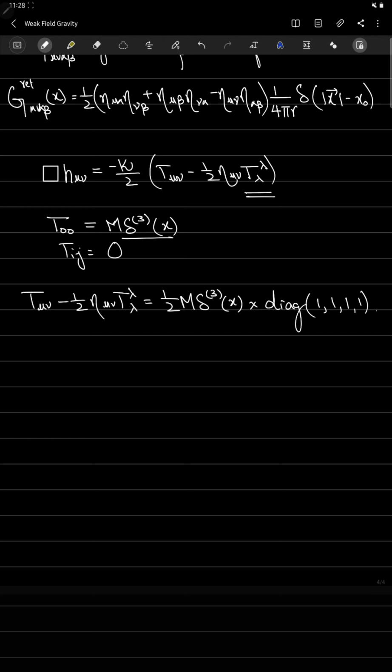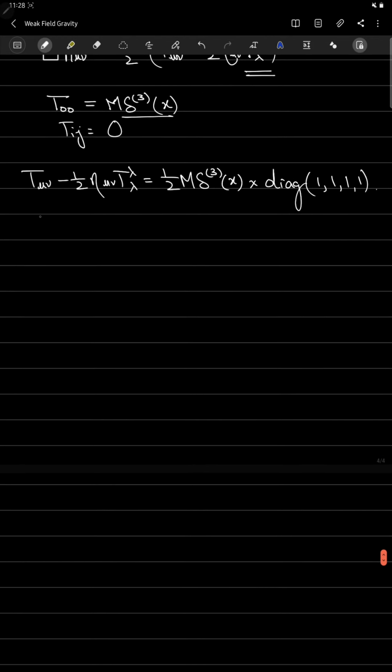Perfect. Now, if I use an ansatz, which is that kappa times h_{μν} is equal to 2 times φ_g times diagonal matrix whose diagonal elements are 1 1 1, where this φ_g is actually the gravitational potential, right? And I'll show you what I'm talking about.